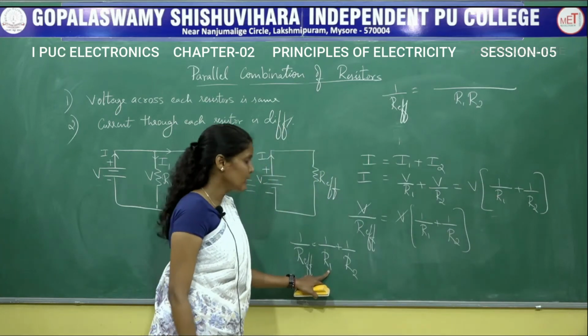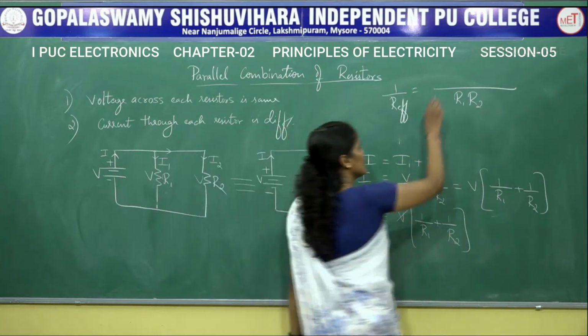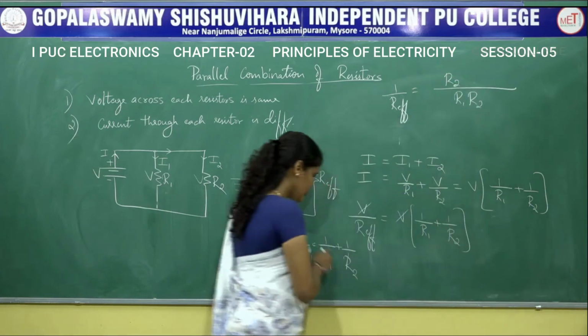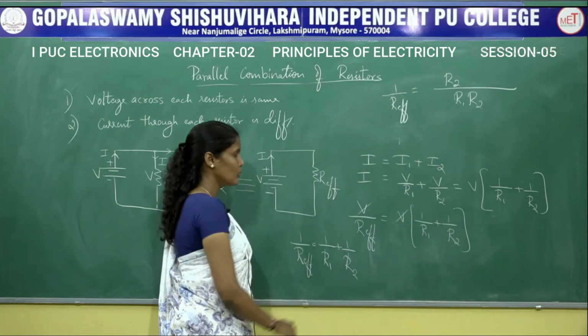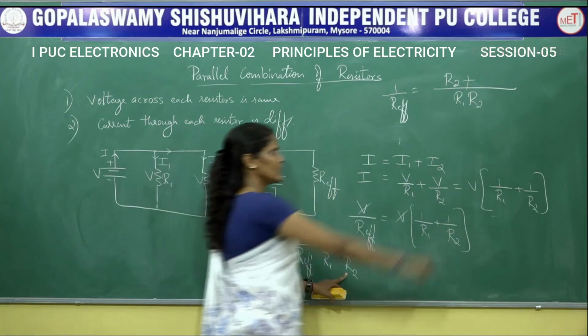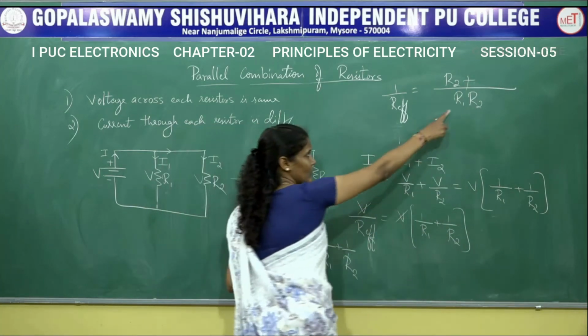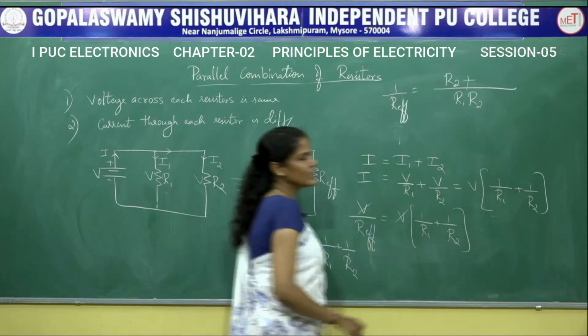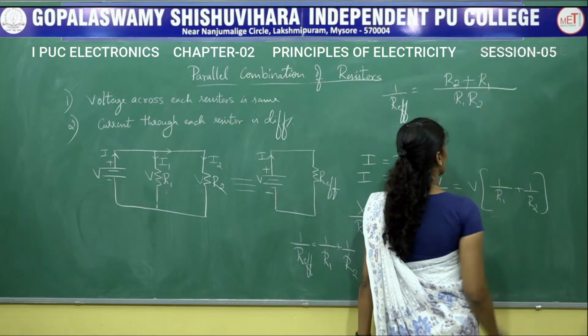R1 is in the denominator, so R1 gets cancelled. I will be left with R2, R2 into 1 equals R2. Plus, R2 is in the denominator, so R2 gets cancelled. I will be left with R1, R1 into 1, I will get R1.